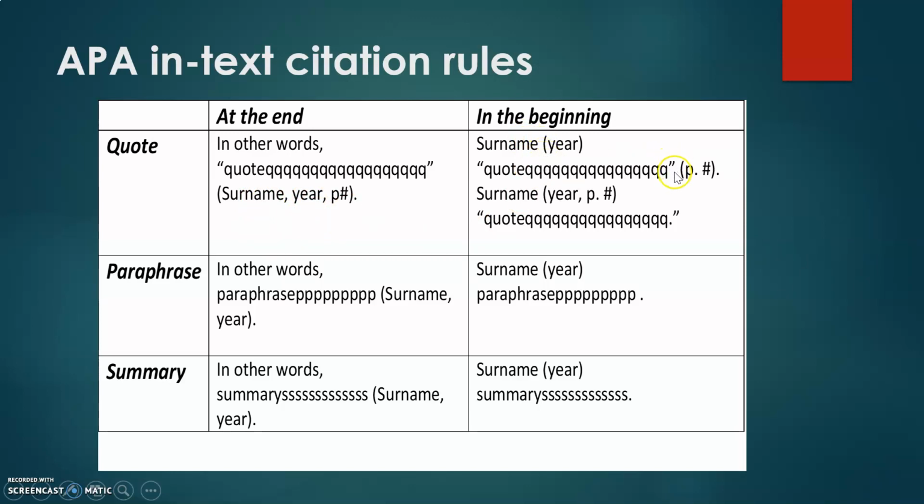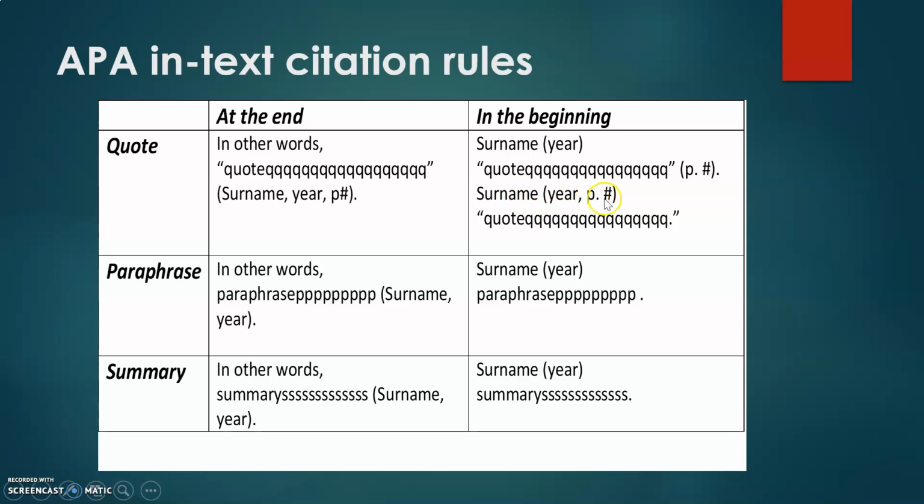And if it is a quote, when there is a page number, you give the page number at the end. And this is how the punctuation works. If there is parenthetical information at the end of your citation, the punctuation for that sentence is given at the end of the parentheses here. You see, only here. If you like, you can also give the page number together with the year.